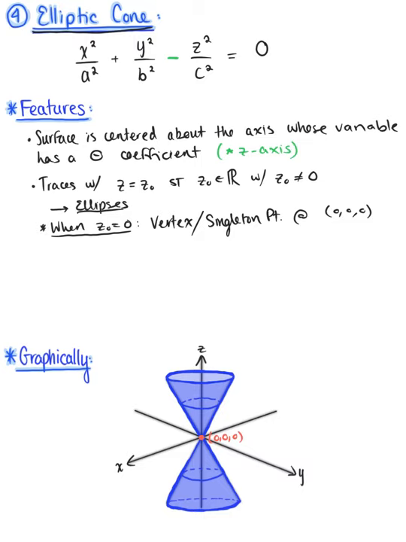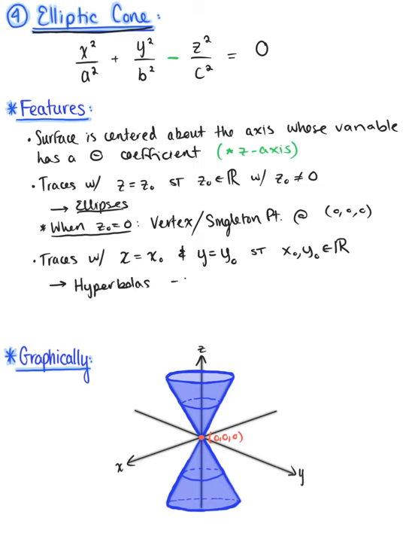Now, in addition to this, we want to think about what about the traces for x and y values? So we say that traces with x being equal to x naught and/or y being equal to y naught, such that these x naught and y naught are real numbers or scalars. So these traces are either going to be hyperbolas, or we have intersecting lines.